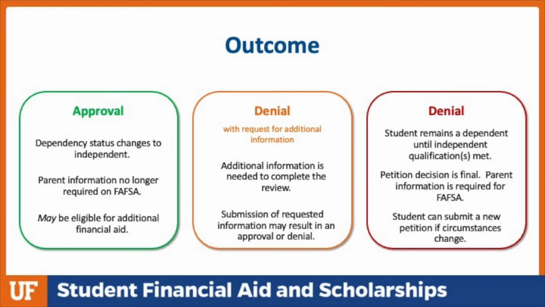If the petition is denied but additional documentation is needed, the student will be notified through their UFL email address and will have an opportunity to submit additional documentation. If a petition is denied, no changes can be made. The student will remain dependent and will be required to submit parental information on the FAFSA. If, however, a student's circumstances change, a new petition can be submitted.